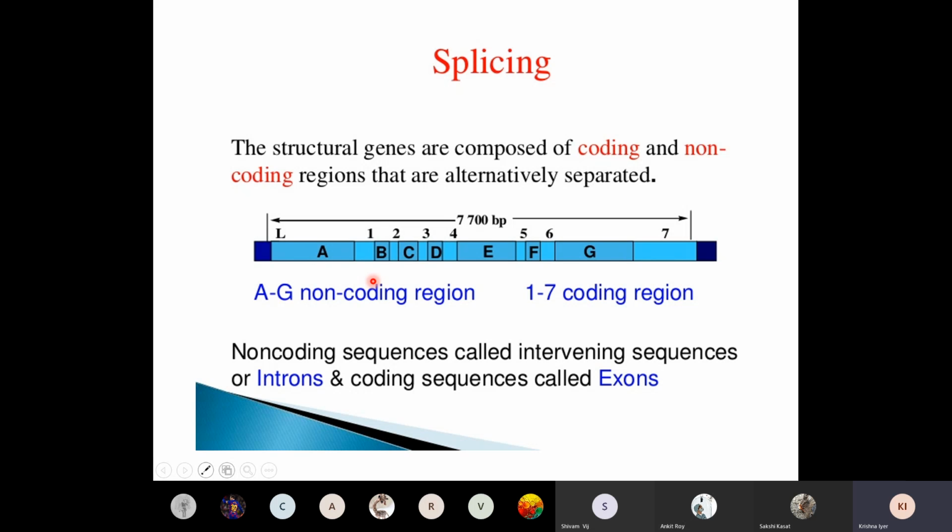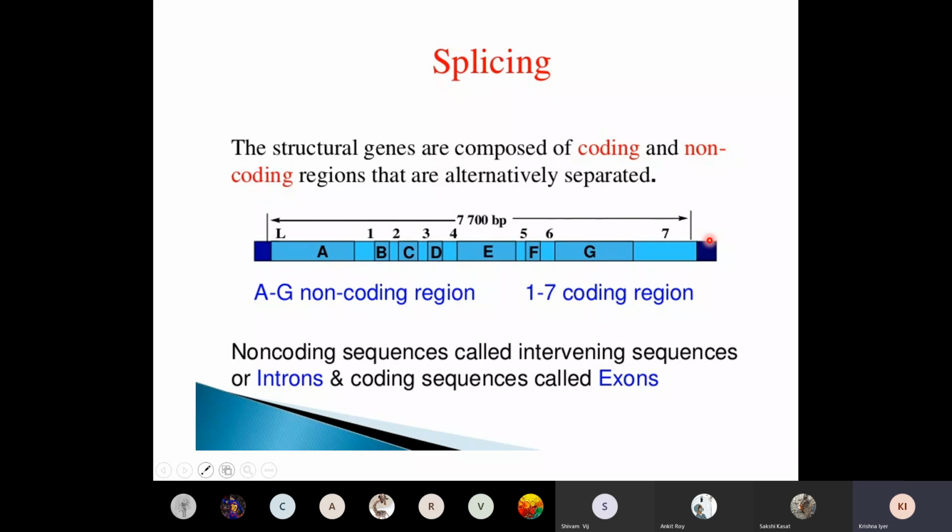So for example, let us say I have a gene like this, which is 7700 base pairs, which starts from here and it ends here. I might find that these regions, A, B, C, D, E, F, G, are there as part of the gene, but they do not code for anything. The actual code here is the sequence present as part of 1, 2, 3, 4, 5, 6 and 7.